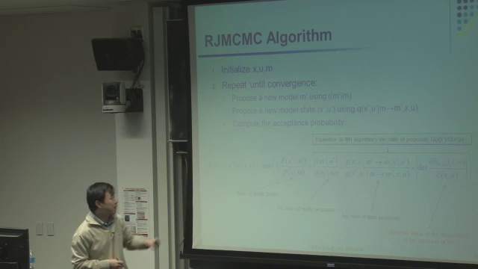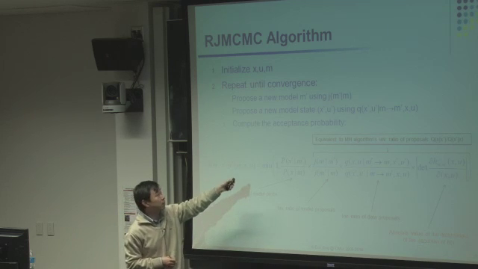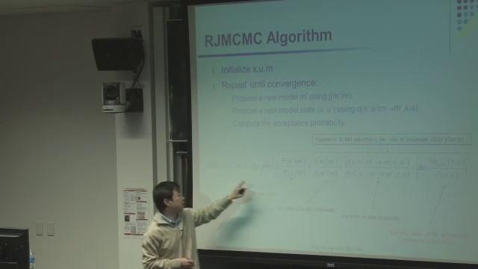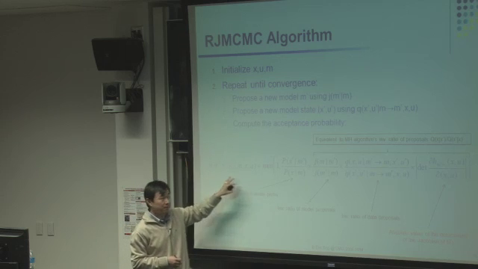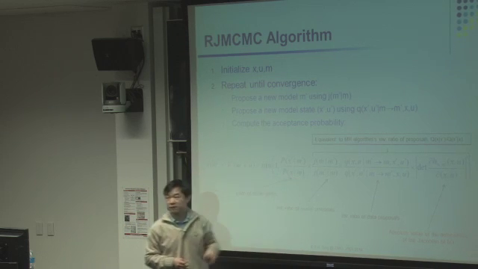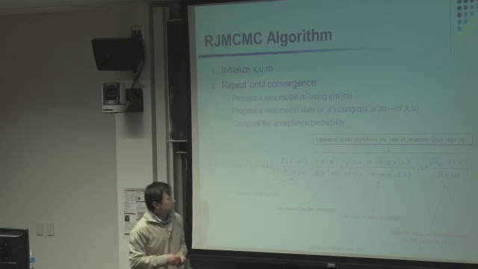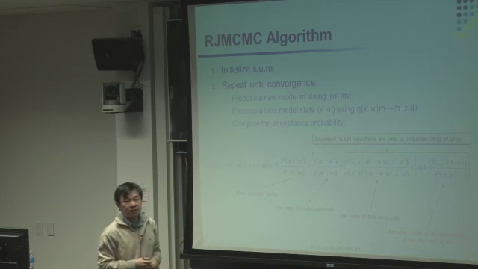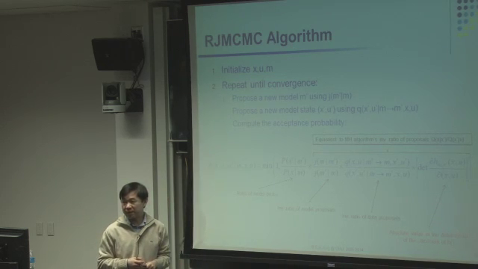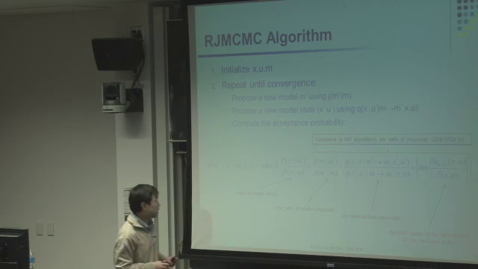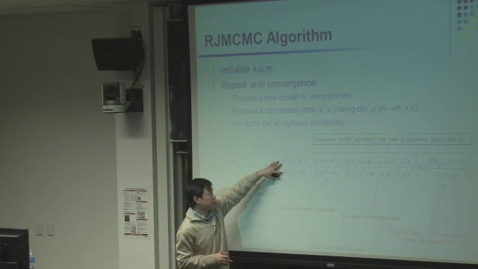And then this is a proposal, and then you're going to compute an acceptance rate based on this very, very weird function. This function actually resembles what you saw before in Metropolis-Hastings, but it is different. So you see this part. This is what?